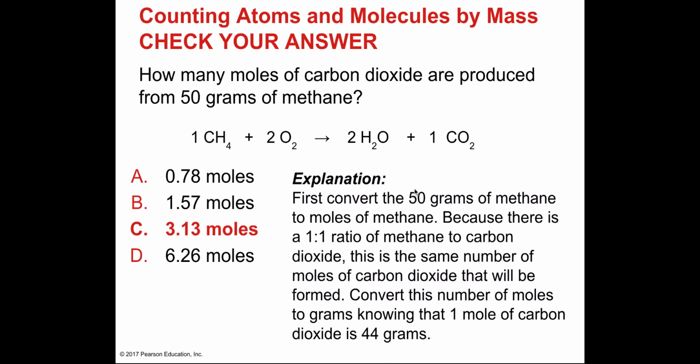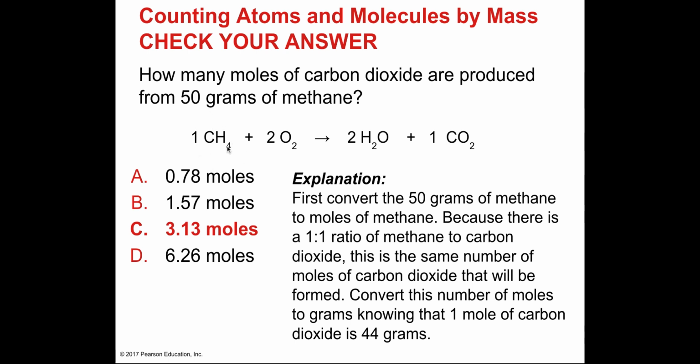The question says how many moles of carbon dioxide are produced from 50 grams of methane. So you take 50 grams and divide that by 16, and you will get 3.13 moles. That's how you get this answer right here.